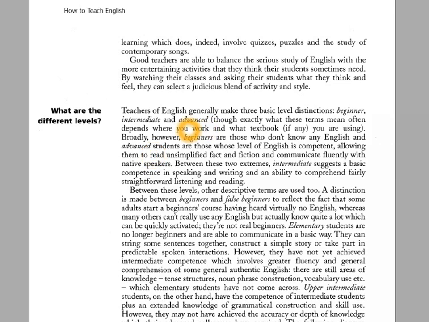They can understand and they can learn on their own. Advanced learners already have a good quality of learning and they can understand every word that I mention without suffering much. So here, beginners and false beginners. When we talk about false beginners, we reflect the fact that some adults start a beginners course having heard virtually no English.